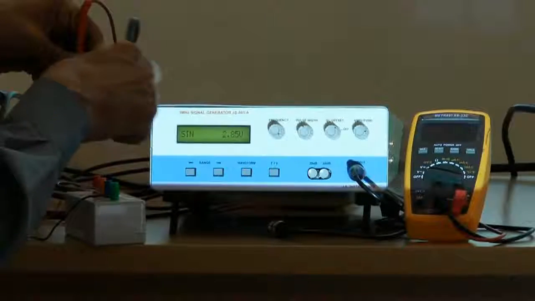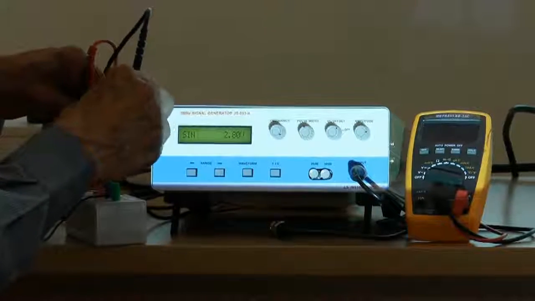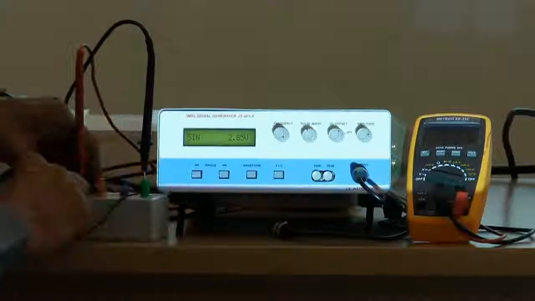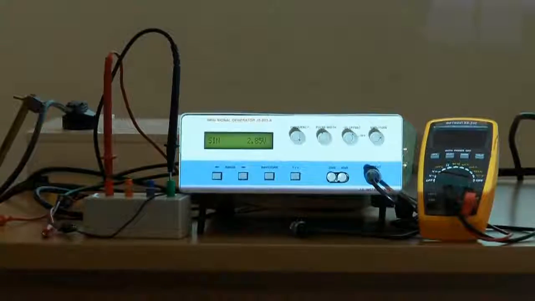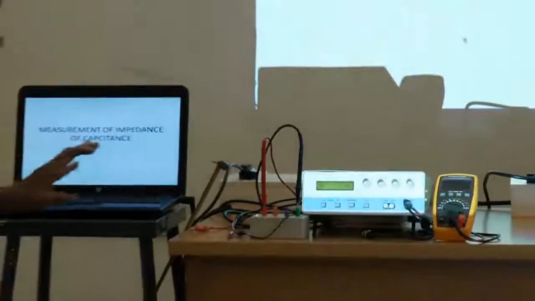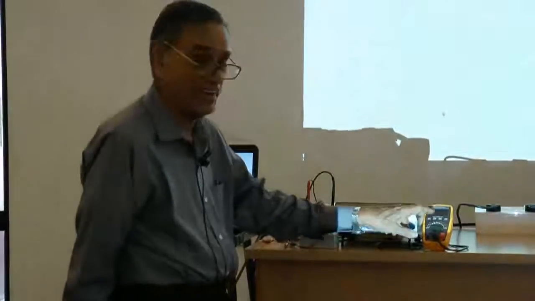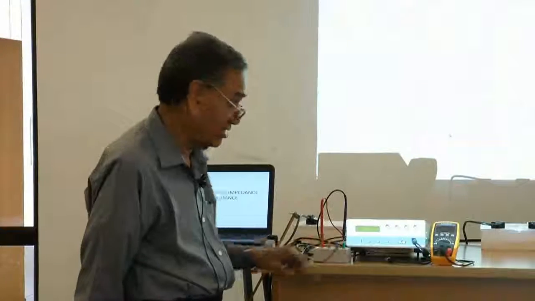I measure the total voltage between A and D, that is the total voltage that is applied, that is 0.993 volts.